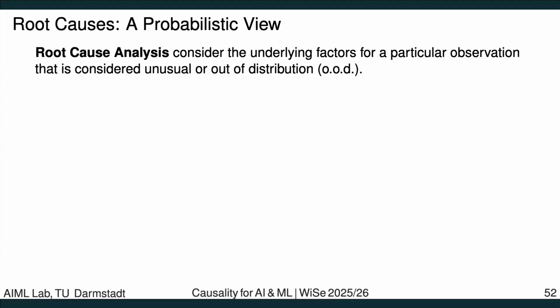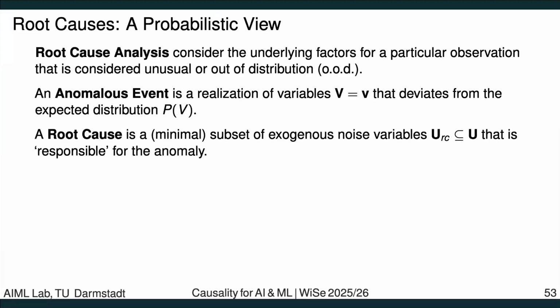There's a lot of literature on how to do it. But usually what you mean when you say you want to perform some sort of root cause analysis is that your system somehow behaves unexpectedly, that you have some anomalous events, some observations that you wouldn't expect, that are very improbable, and you might want to find a reason.